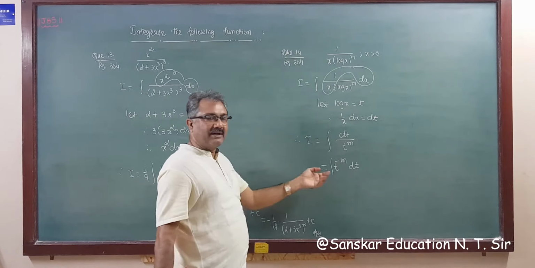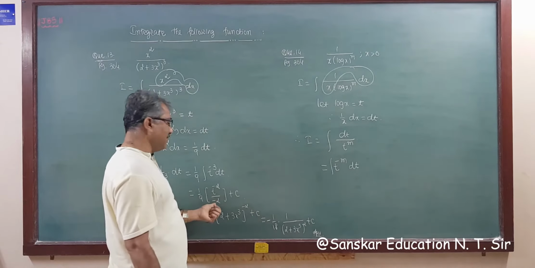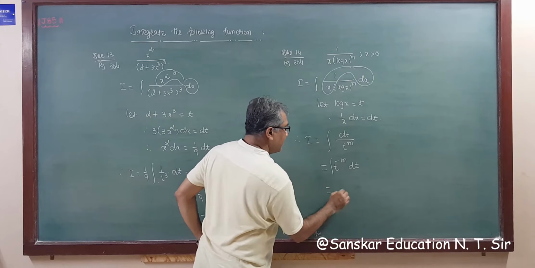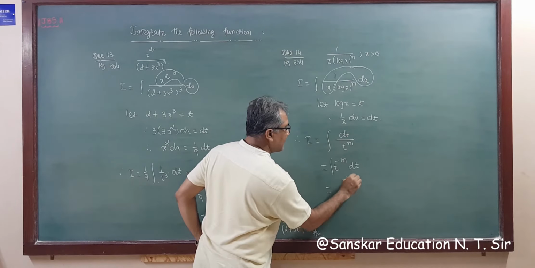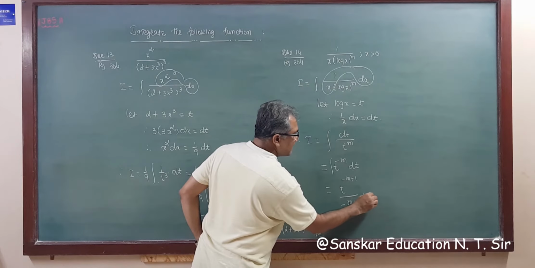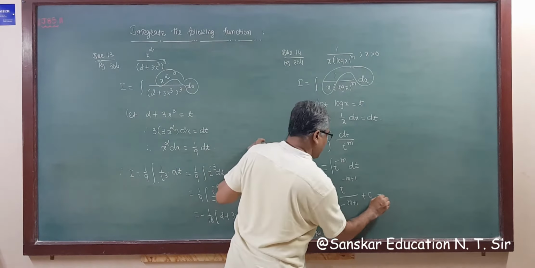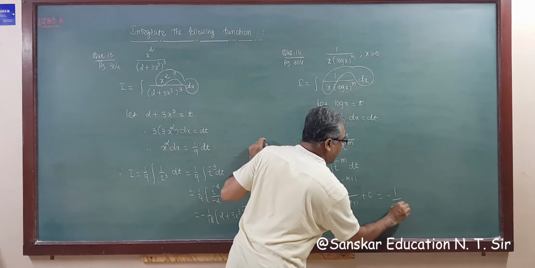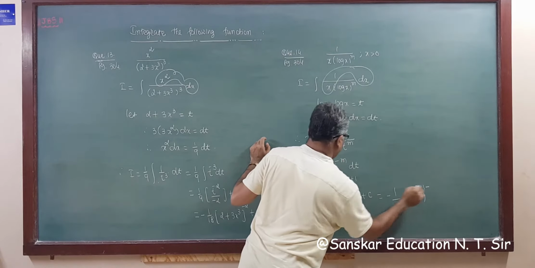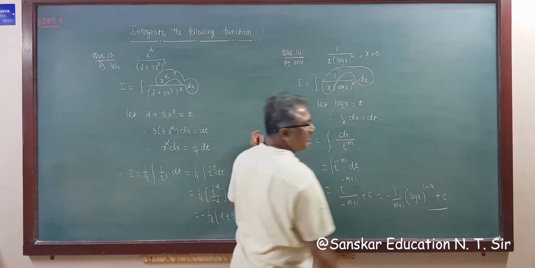Integrating, this is x raised to n, so once again the same formula: plus 1, so the answer will be t raised to minus m plus 1 upon minus m plus 1, plus c, and t is log x, so the answer will be minus 1 upon (m plus 1) into (log x) raised to 1 minus m, plus c. This will be your answer.